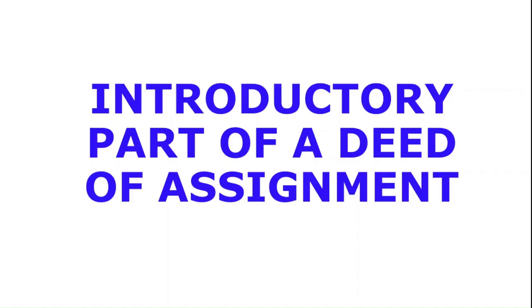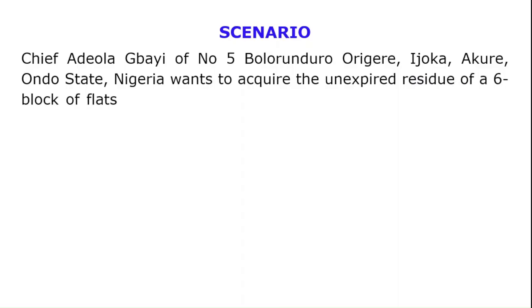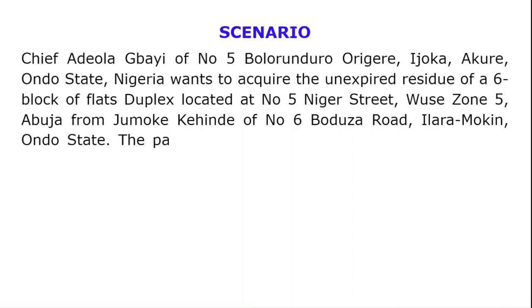I promise that we're going to be working with a scenario so that we can have a real-time examination simulation of the draft. So let's begin with our scenario. Chief Adiola Gbai of number 5, Bolorunduro, Origere, Ijoka, Akure, Ondo State, Nigeria, wants to acquire the unexpired residue of a 6-block of flats duplex located at number 5, Niger Street, Uze Zone 5, Abuja, from Jumoke Kende of number 6, Budoza Road, Ilara Moki, Ondo State.